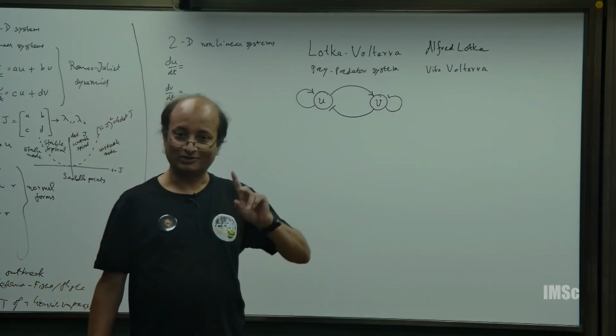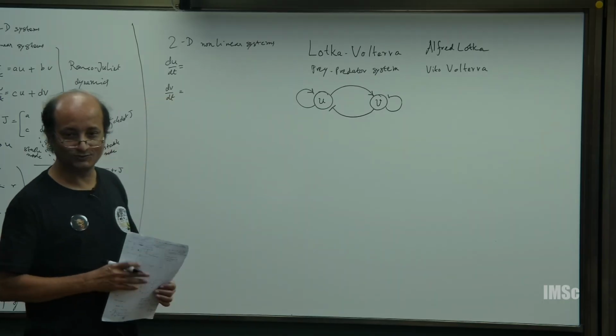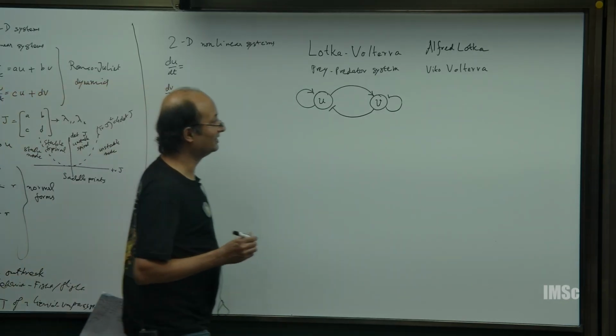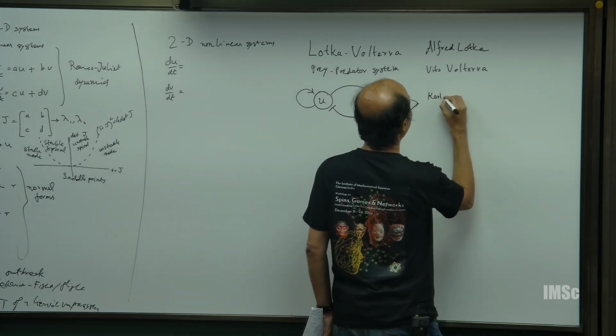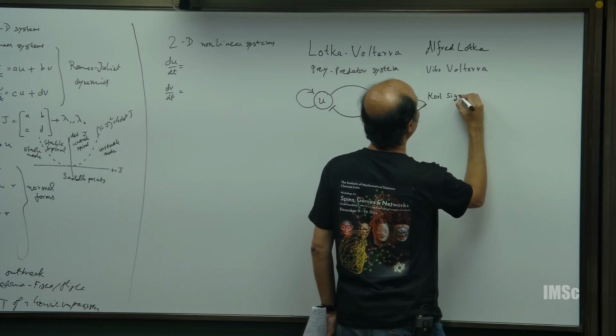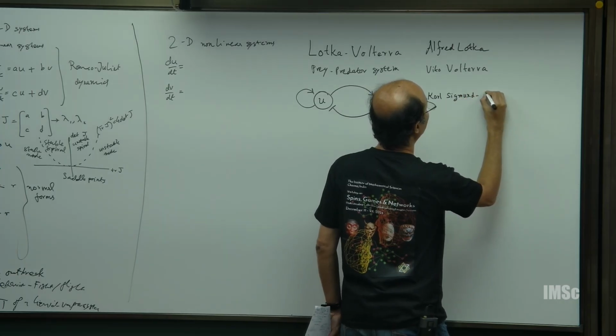Volterra was looking at it in a completely different context, and the story goes, and if you want to read up this story in more detail, I suggest you look up this wonderful book by Karl Sigmund called Games of Life.